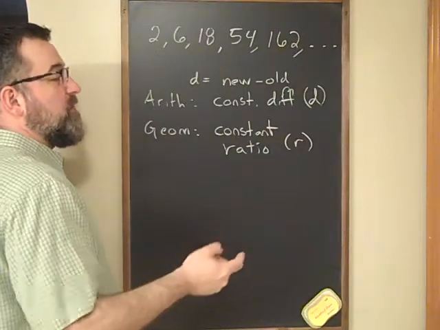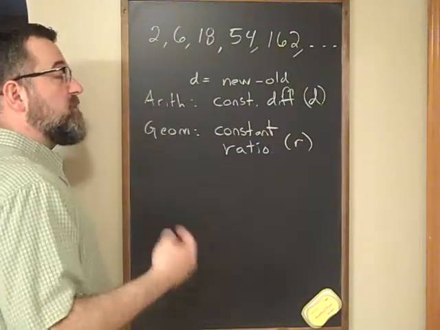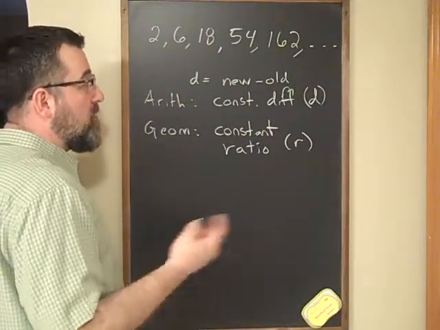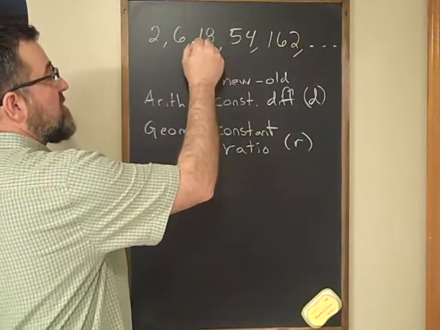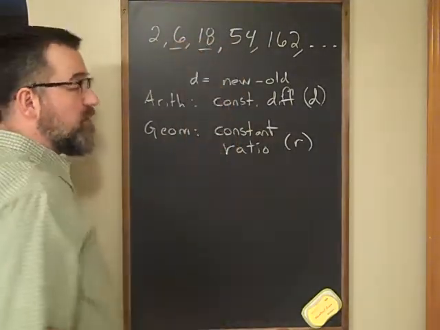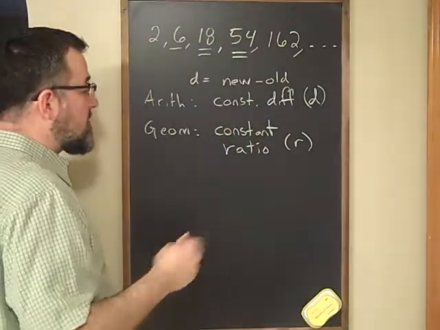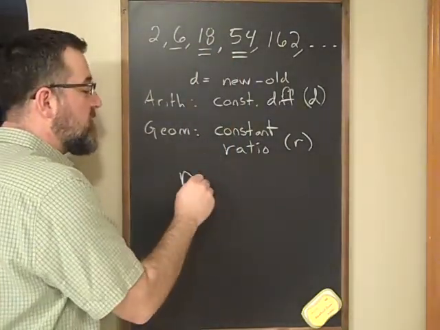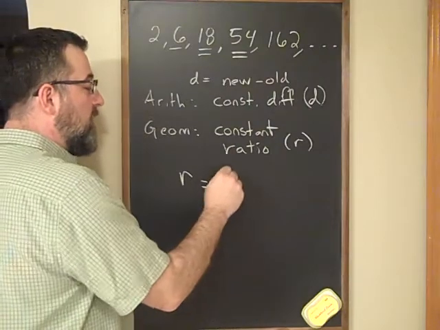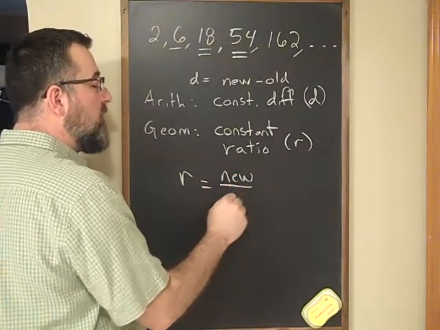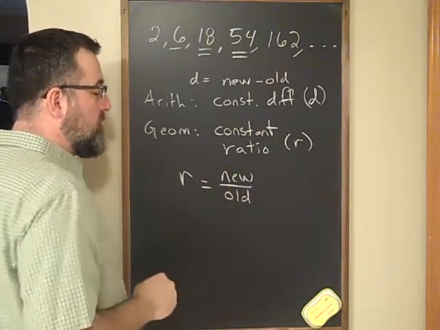Constant ratio is going to be found in a similar fashion. We're going to use a newer term and an older term, and it doesn't matter which ones we use. We could say this is the new term, this is the old term, or this is the new term, this is the old term. Doesn't matter. Constant ratio is going to be found by taking a new term and dividing by an old term.